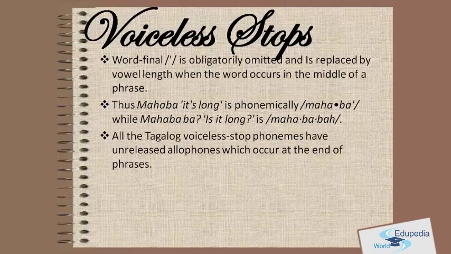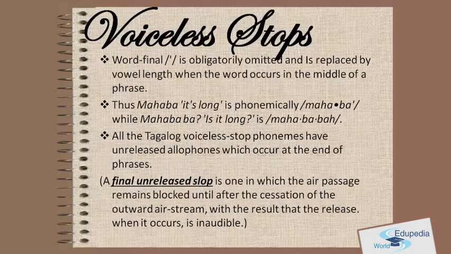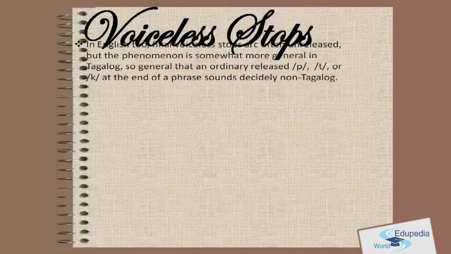All the Tagalog voiceless stop phonemes have unreleased allophones which occur at the end of a phrase. A final unreleased stop is one in which the air passage remains blocked until after the cessation of the outward air stream, with the result that the release, when it occurs, is inaudible.